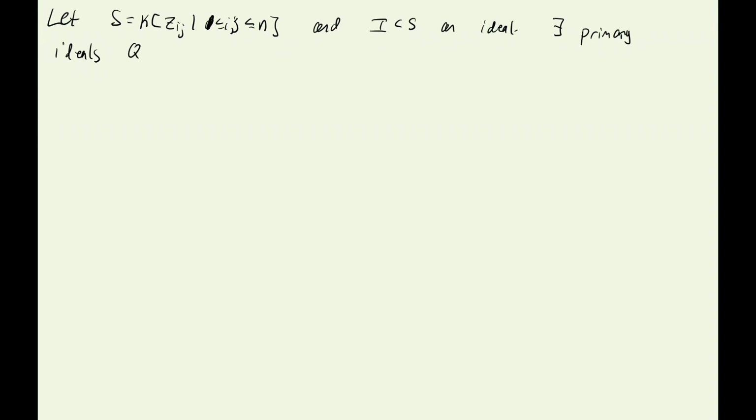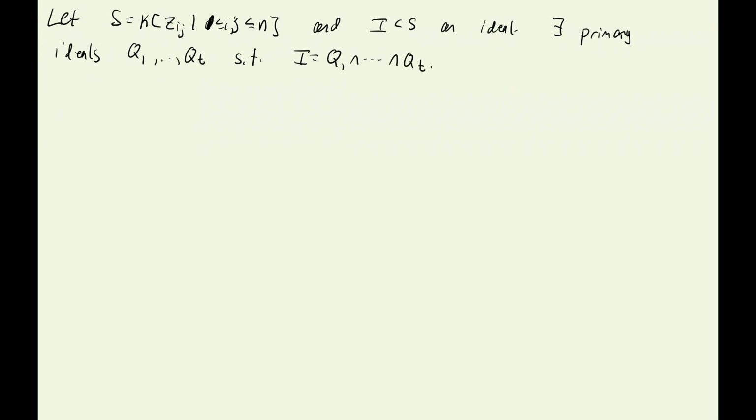So again, throughout the talk, let S be a polynomial ring over some field K. And let I be a proper ideal of S. Then there exist what are called primary ideals Q1 to Qt, so that I is this intersection of primary ideals.